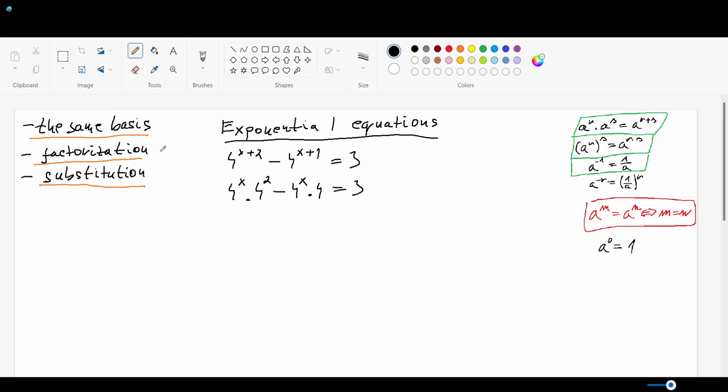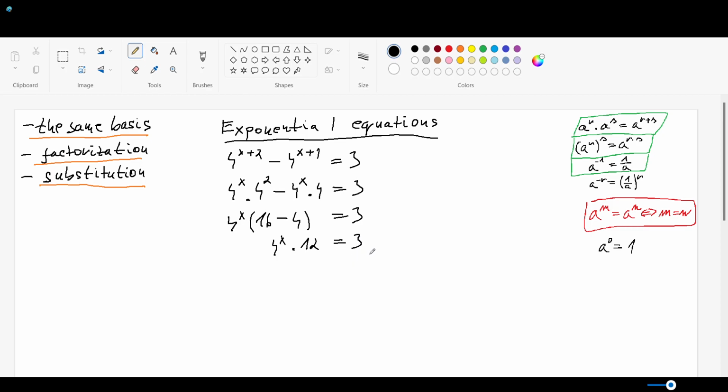And here comes the factorization, which means you look for the common factor of these two terms, which is 4 to the power of x, and you simplify the expression this way. 4 to the power of x times, I will use the fact that 4 to the power of 2 is 16, take away 4 is equal to 3, and as you can see, the equation will be 4 to the power of x times 12 is equal to 3.